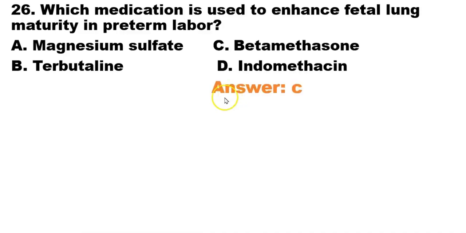If you said C, you have got it, because betamethasone is the corticosteroid given to accelerate fetal lung maturity and reduce neonatal respiratory distress syndrome in preterm births.